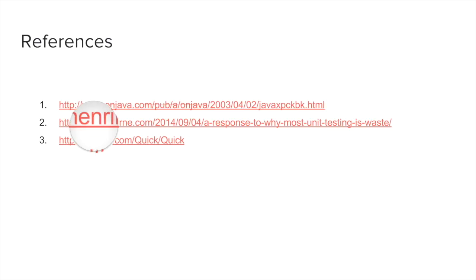And for reference, I put 3 links here. For software development in general, I think the unit test concept should be the same, because there are 3 common elements. The first thing is that unit tests are low level. They focus on a small part of your code base. The second is that unit tests should be written by programmers.